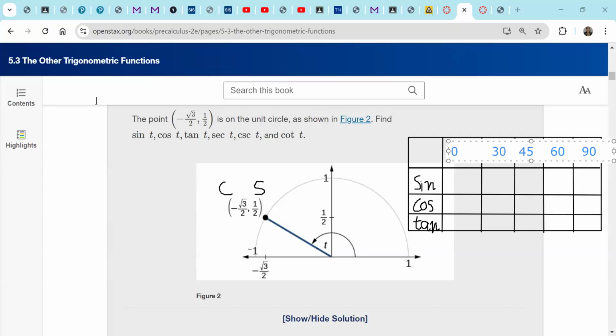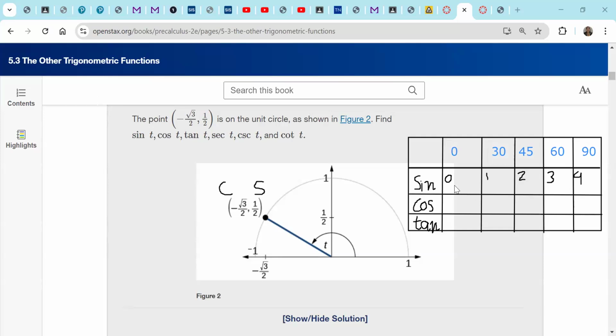I told you a technique to write all of them without memorizing. If you start writing 0 here, 1, 2, 3, and then 4.